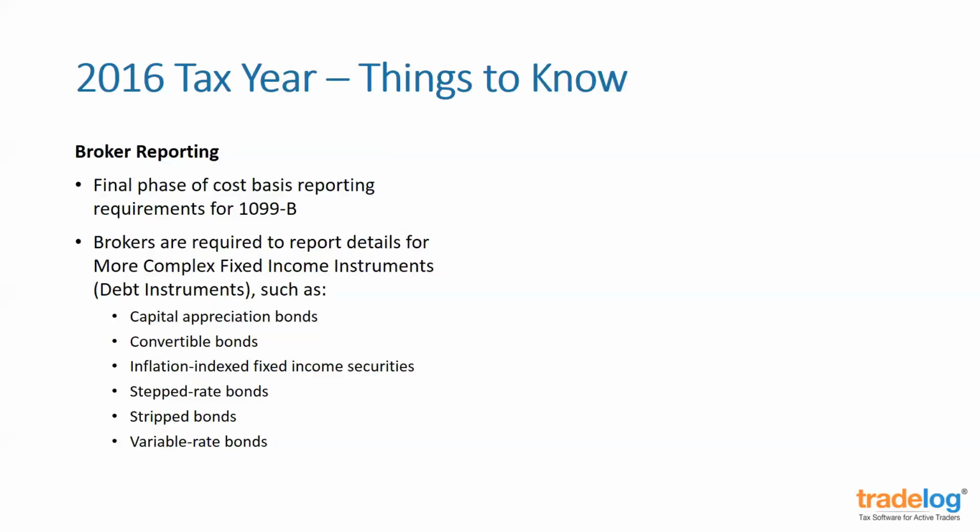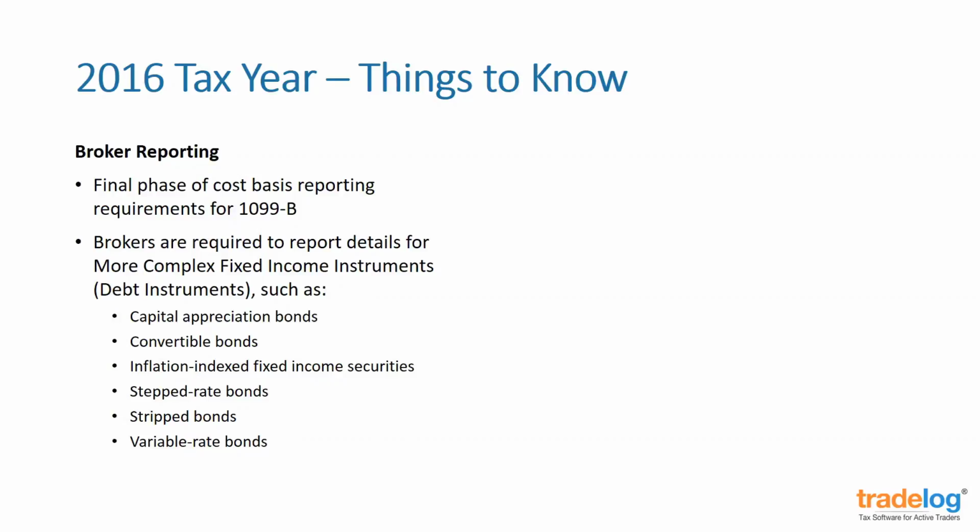Not a huge significant change in the 1099, but specifically what's required for brokers for 2016 tax year is to report details for more complex fixed income instruments, or as the IRS calls them, debt instruments. This would include things like capital appreciation bonds, convertible bonds, some of your inflation-indexed fixed income securities, stepped rate bonds.